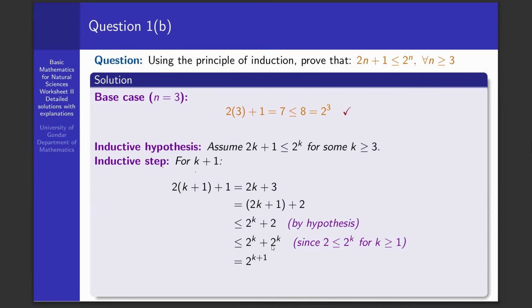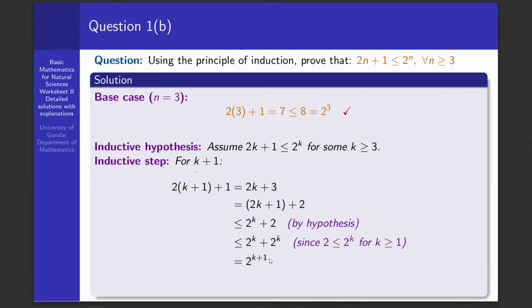If we factor out the common factor 2^k, this is identical to 2^k plus 2^k, which is 2 times 2^k, which is 2^(k plus 1).